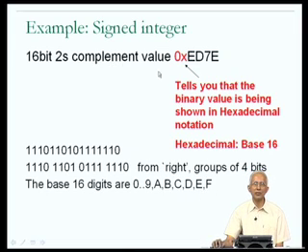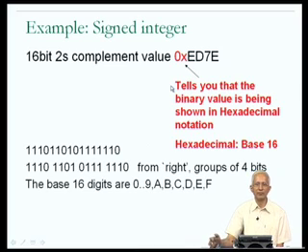So the hexadecimal notation is indicated by the fact that I prefix the value by 0x, and the remaining are digits from the hexadecimal number system, in other words, values between 0 and 9, or A through F.